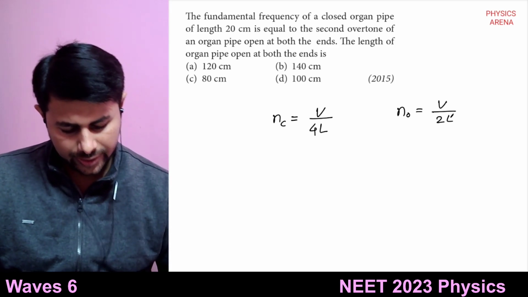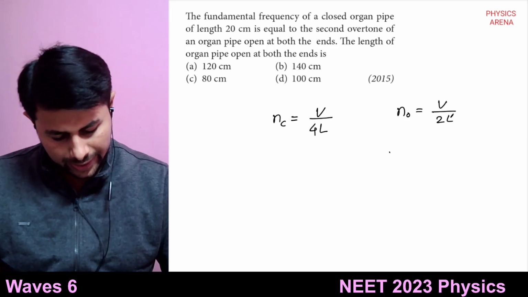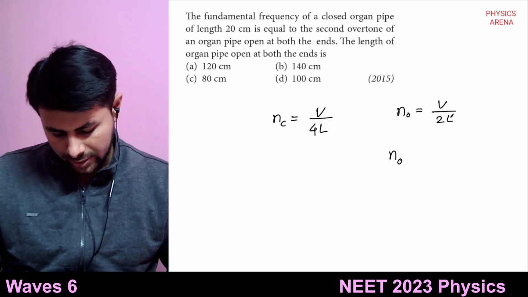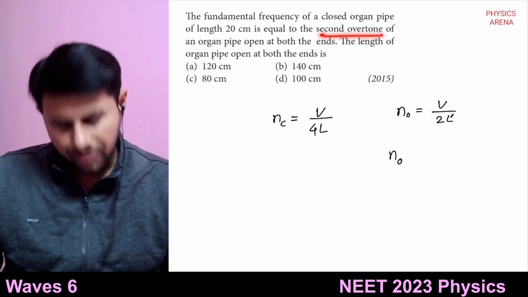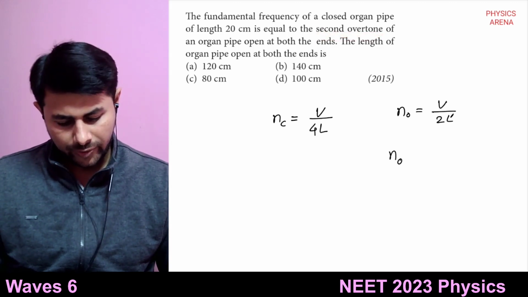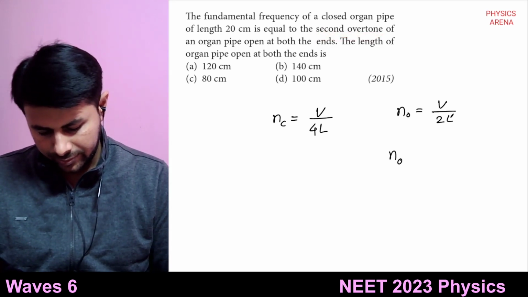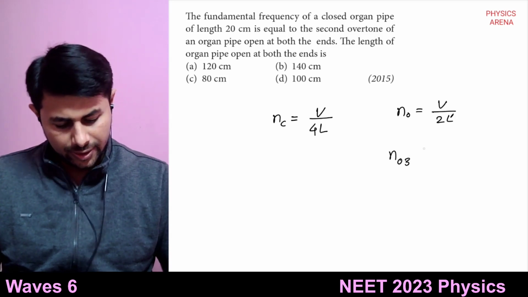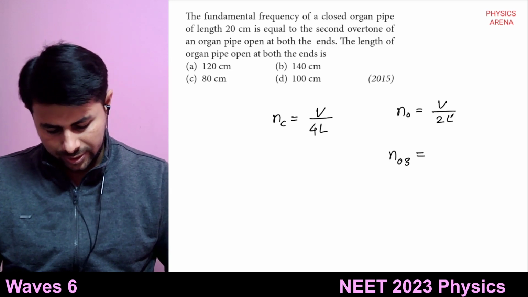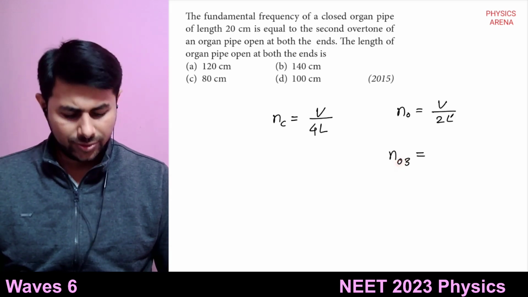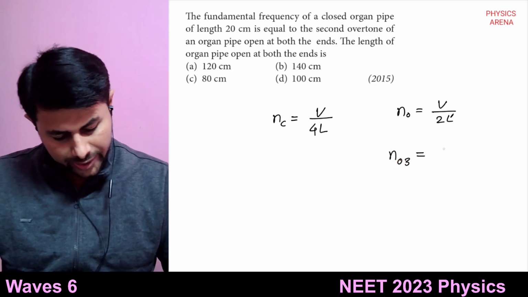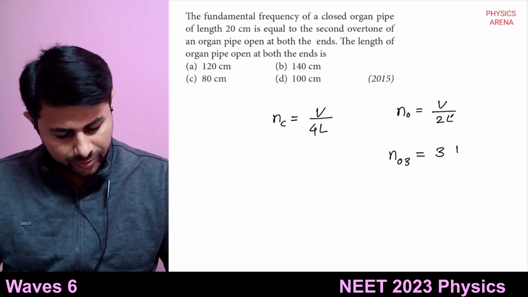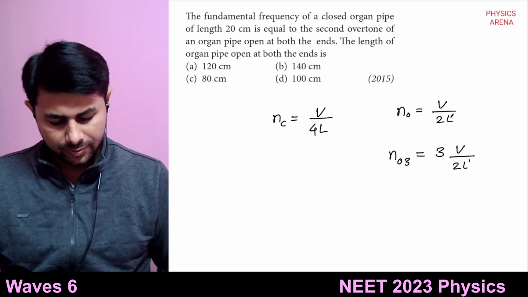Now you want NO second overtone. So what is second overtone? It is third harmonic, right? So NO3, this is O, okay, not 0. NO3 is equal to what? It is 3 times V upon 2L dash.